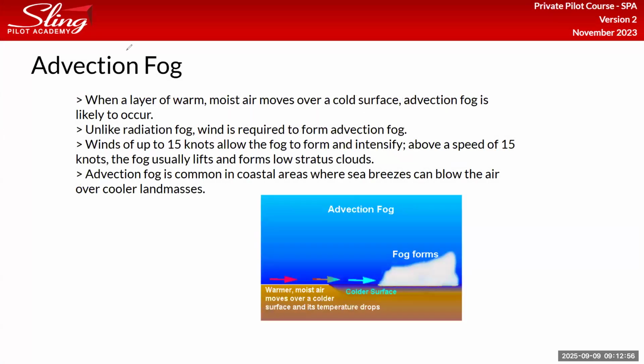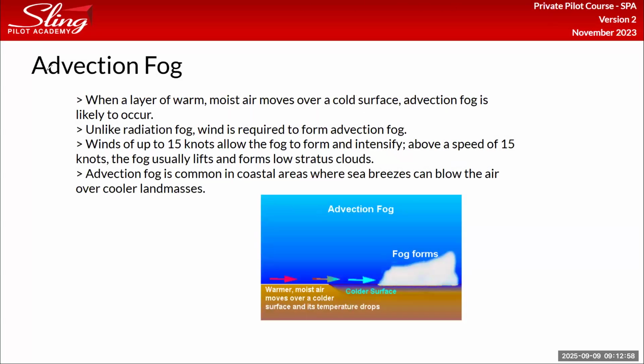Advection fog. You're going to be asked about this a bunch of times because it's the most relevant fog to the area that we're training in. Warm, moist air moves over a cold surface, from the water over to land. That's important to our area because we're right by the coast, right?